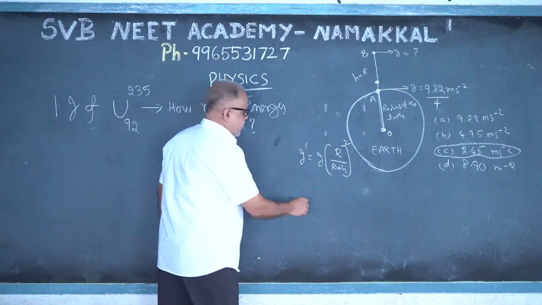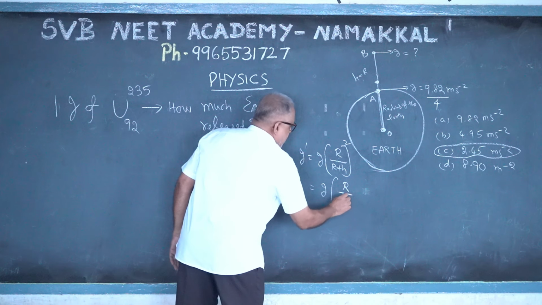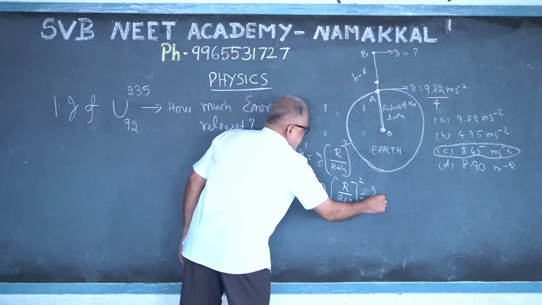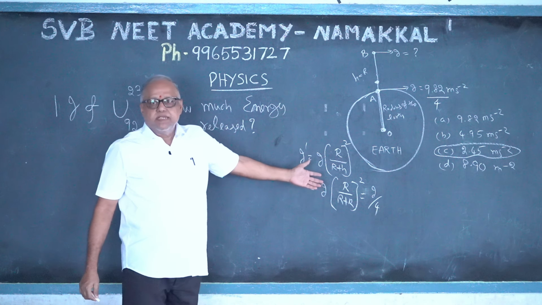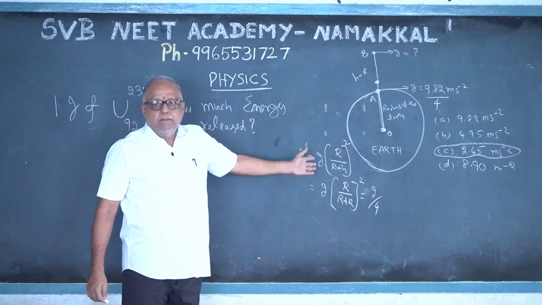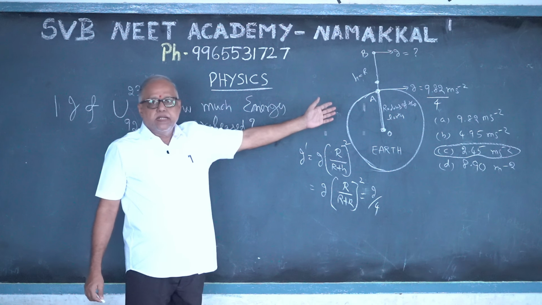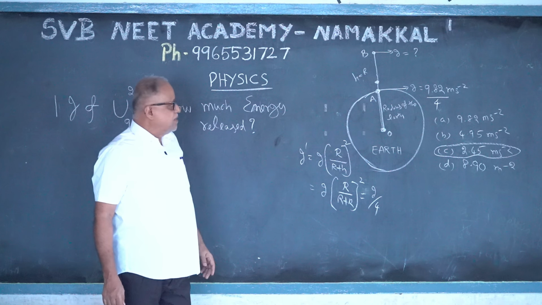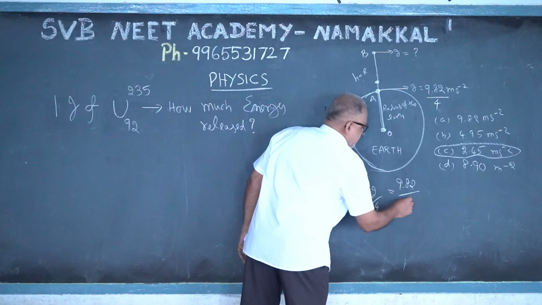Then we apply the condition: g dash is equal to g times R by R plus R whole square, that is equal to g by 4. So instead of using the formula and wasting 5 minutes or 3 minutes, you are able to get the answer by taking the shortcut technique. Divide by 4. We are getting 2.45, or simply you can say this is 9.82 divided by 4.